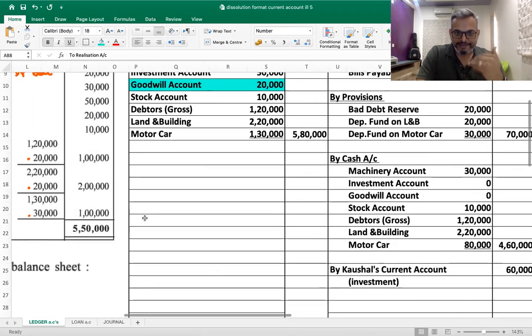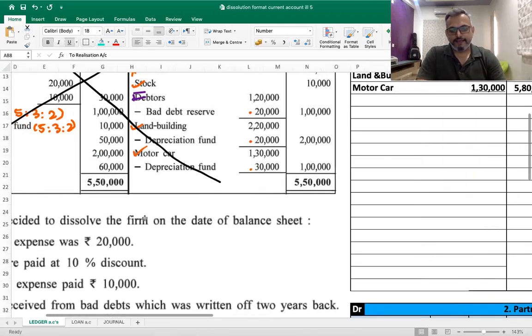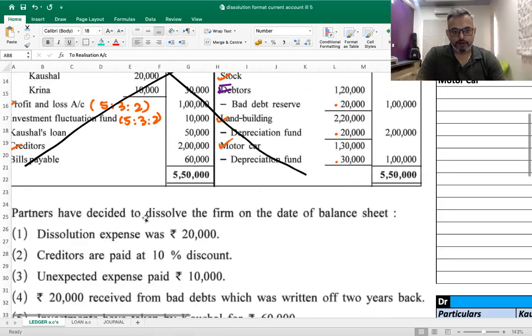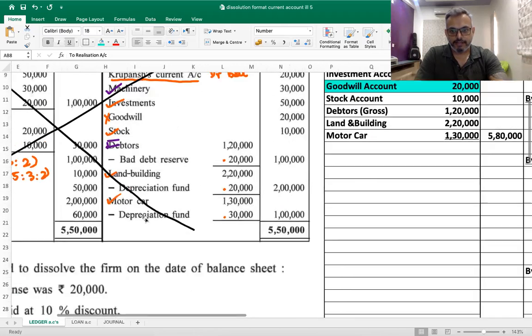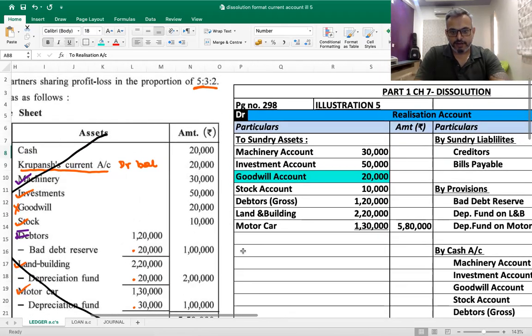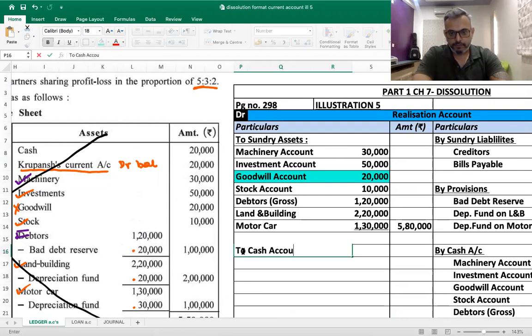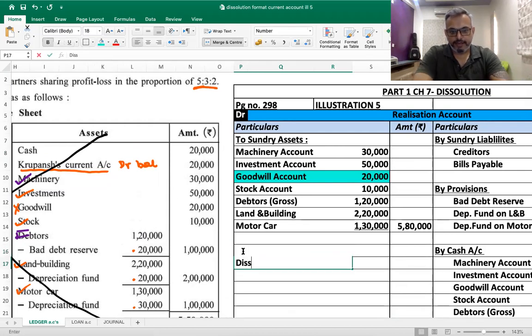Now cash आ गया, so now पैसा जैसे आया है, चलो पे करना चालू कर देते हैं. सबसे पहले डिसोल्यूशन एक्सपेंस 20,000. So realization account में let's first write to cash account. इसके नीचे हम सारी डिटेल्स लिख लेंगे कि किसको किसको पैसा दे रहे हैं. सबसे पहला डिसोल्यूशन एक्सपेंस.